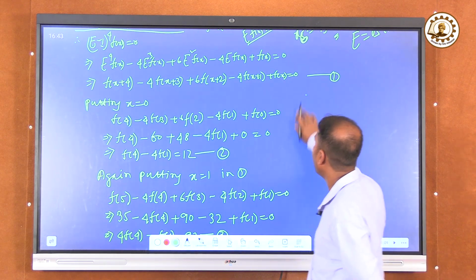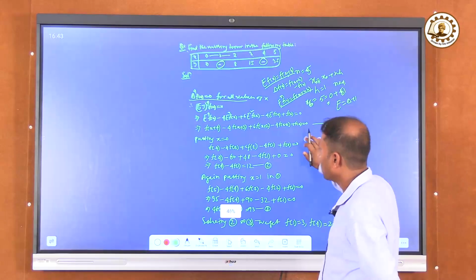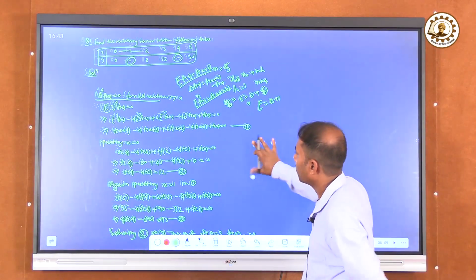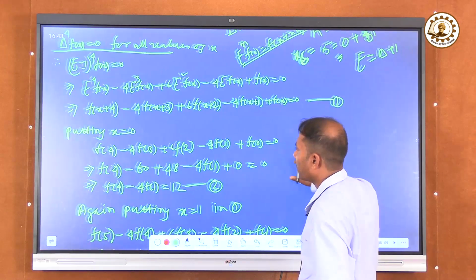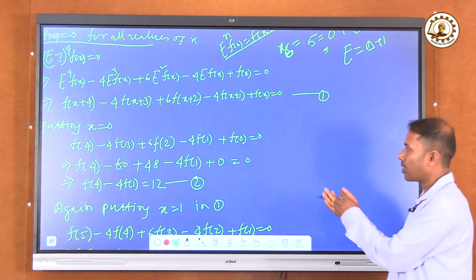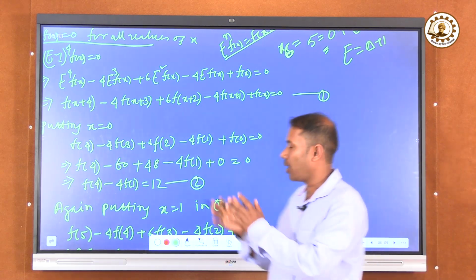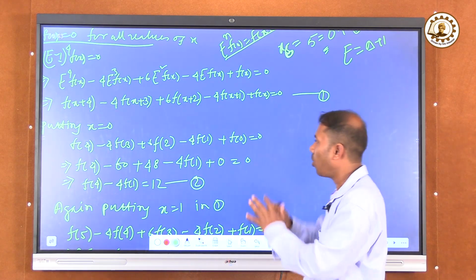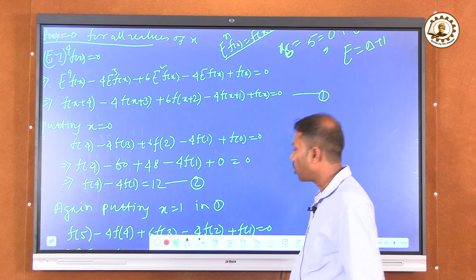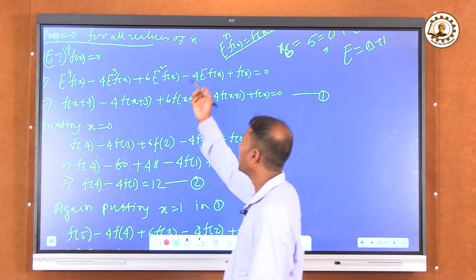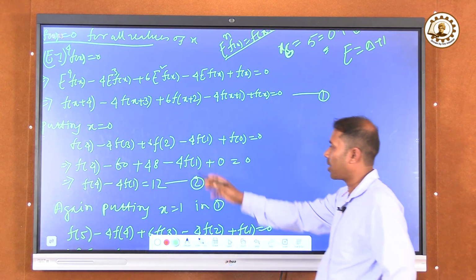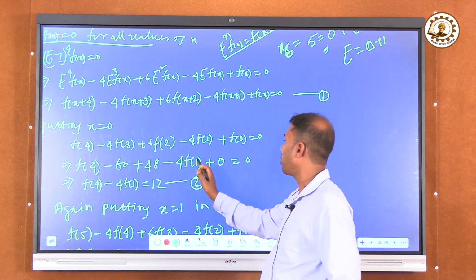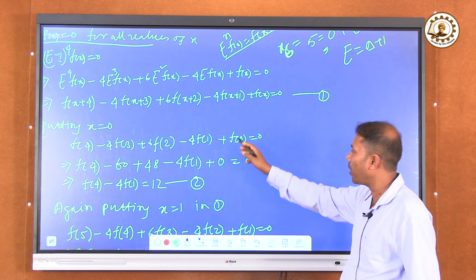And from the table, f4 and f1 are missing, but all the other values are given. So if we put these values from the table, we get f4 minus 60 plus 48 minus 4f1 plus 0, since f0 is 0.